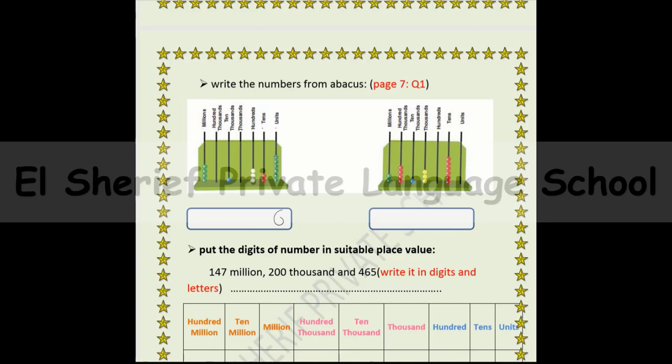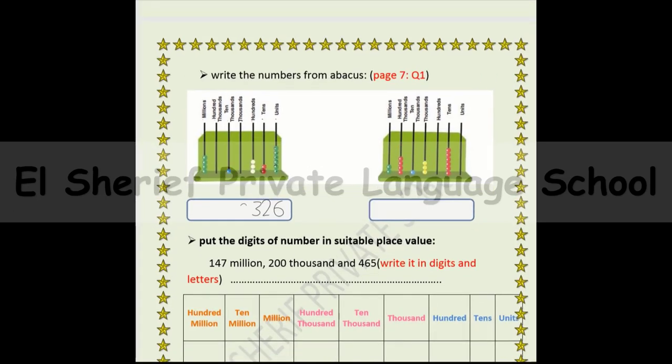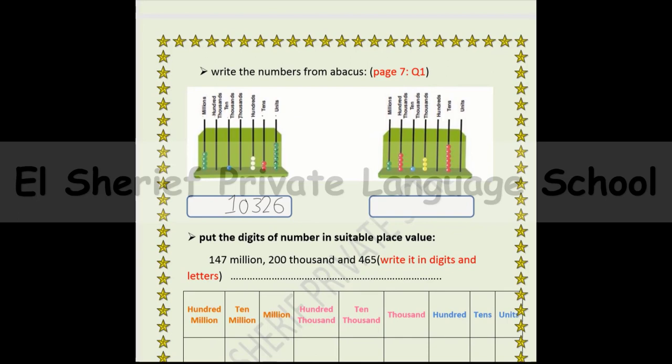So put 6 in units. And in tens we have 2 balls. Put 2. In hundreds we have 3. In thousand we have nothing, so we write 0. In 10,000 we have 1. And in 100,000 we have nothing, so put 0. And in million we have 1, 2, 3, 4 balls.